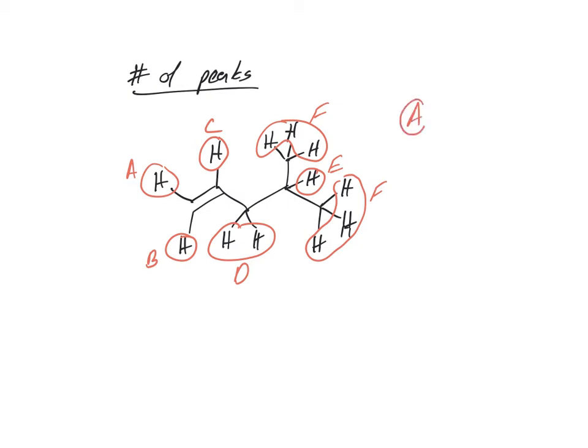So for A, let's move left to right. How many nearest neighbors does A have? Who can A hear? This A can hear 1, 2, 3. It can hear C. 1, 2, 3, 4.